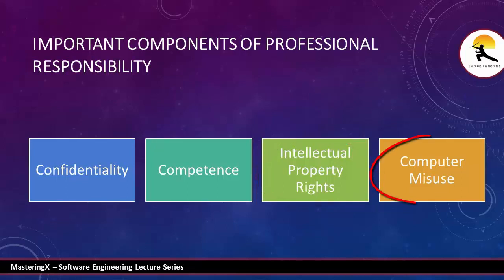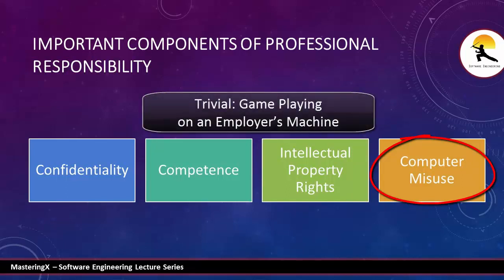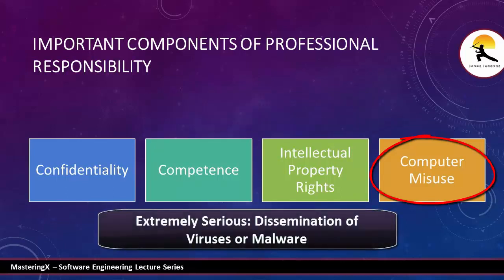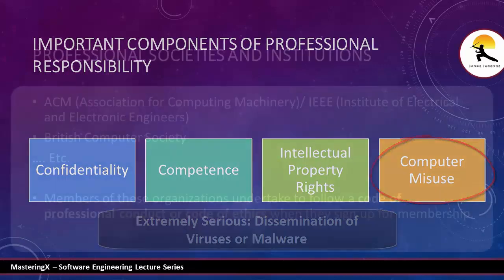The fourth one, computer misuse. You should not use your technical skills to misuse other people's computers. Computer misuse ranges from relatively trivial, for example, game playing on an employer's machine, to extremely serious, such as dissemination of viruses or other malware.